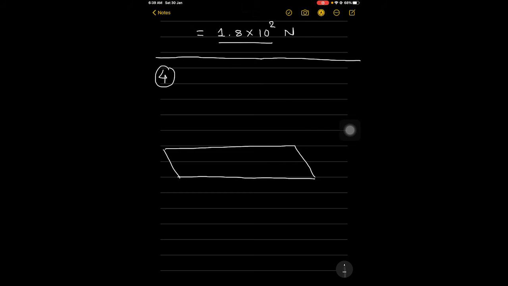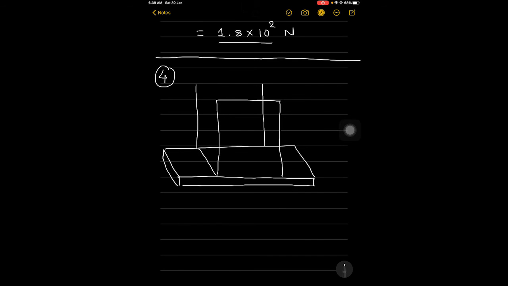Let us consider this is one surface, or a table like surface, where we have kept the slab. So we can say that the slab is lying in this manner. This is the arrangement of the slab.